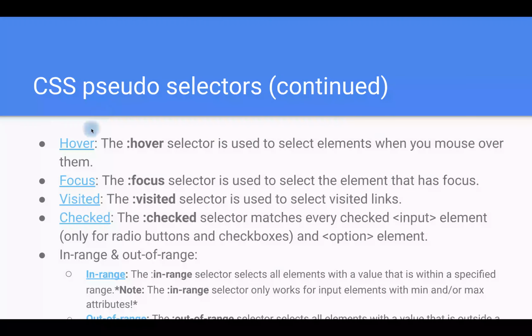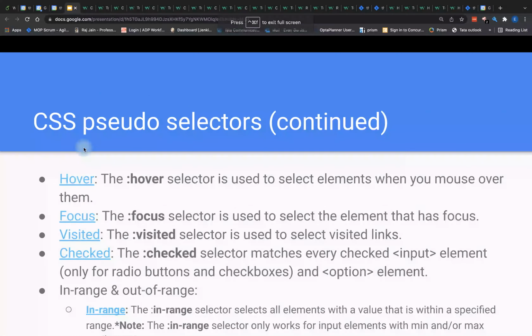Let's look at some more selectors. So we have the hover element. The hover selector is used to select elements when you mouse over them. Let's look at an example.